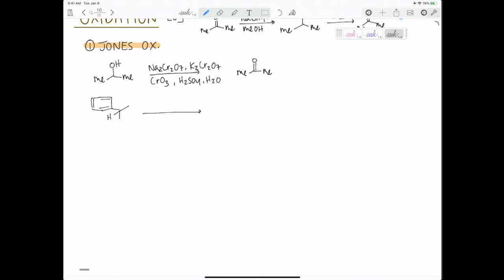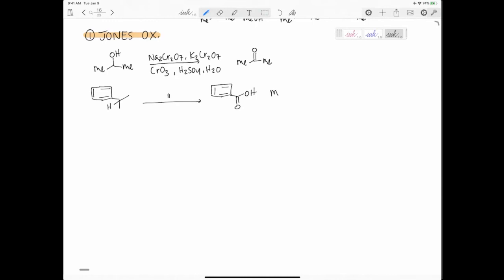This is the source that makes the whole benzyl group become a carboxylic acid. Same conditions. What you end up with would just be this here. It must be benzylic. Take note.